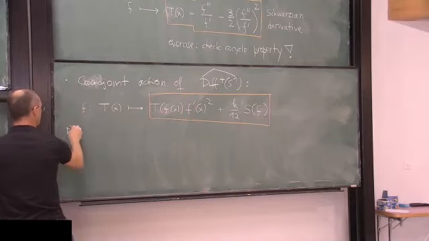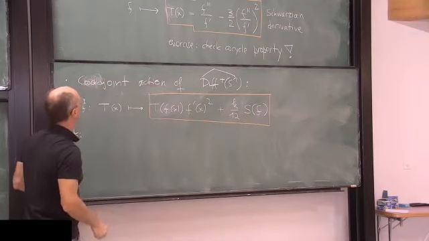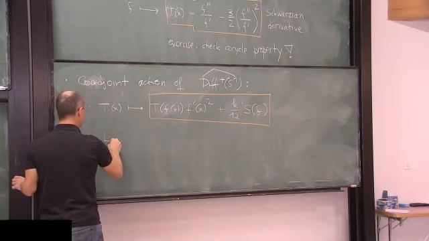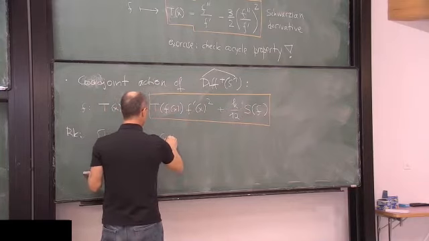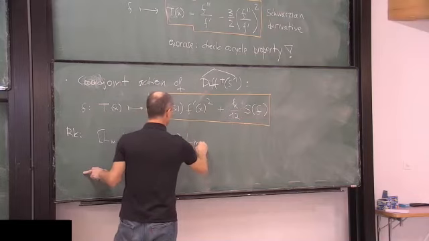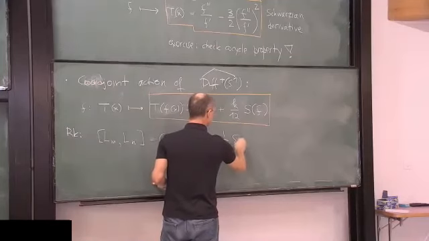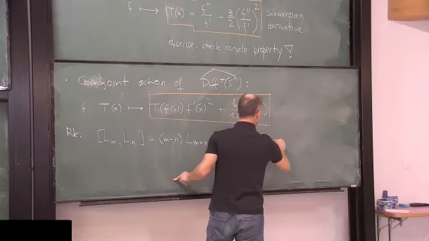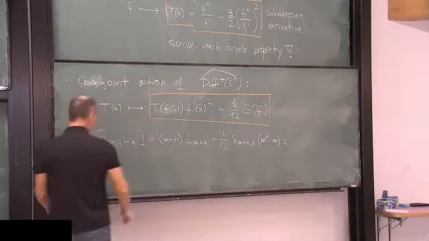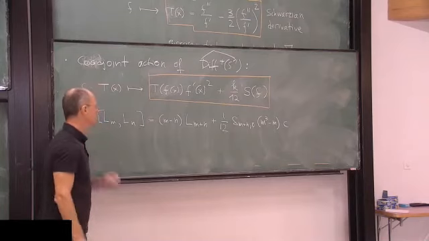So maybe the last thing before the break, I unfortunately erased it, but let me write again this formula for the Virasoro algebra. So we will be interested in some Lie subalgebras of this guy.